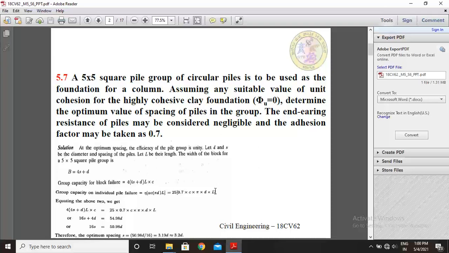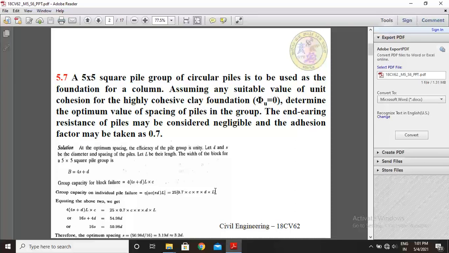At the optimum spacing, the efficiency of the pile group is unity. Let D and S be the diameter and spacing of the piles. Next step, let L be their length.